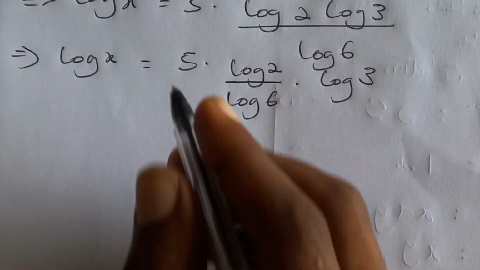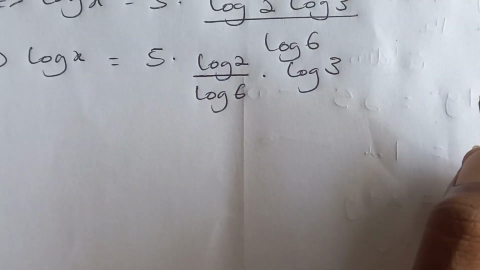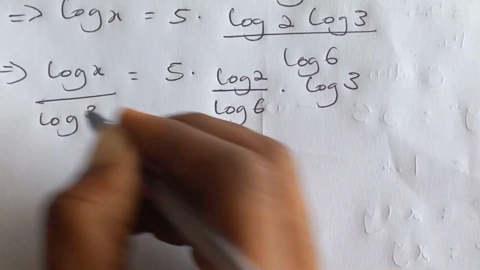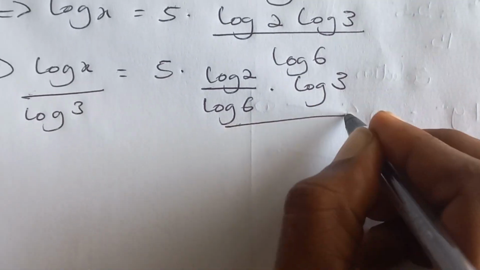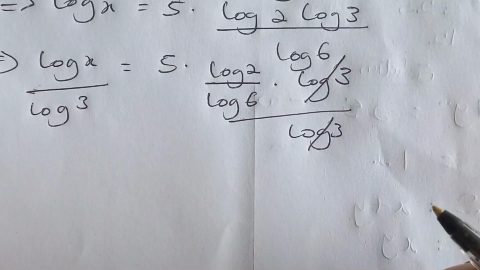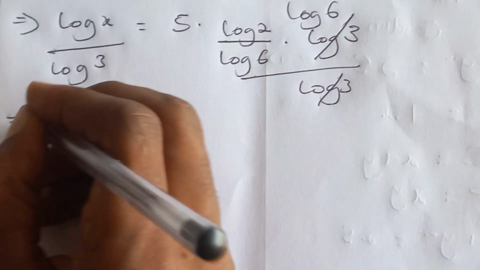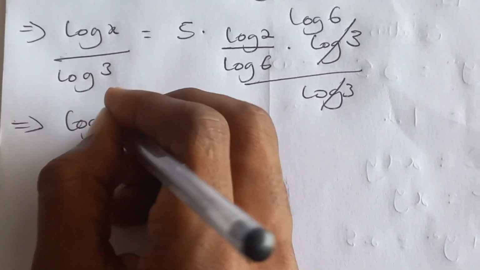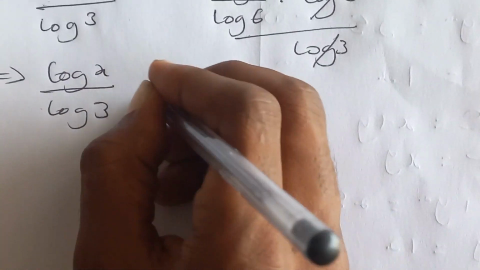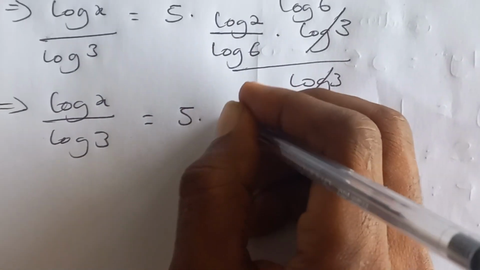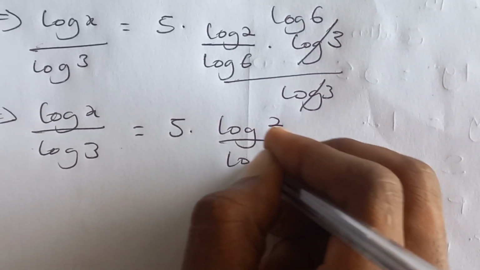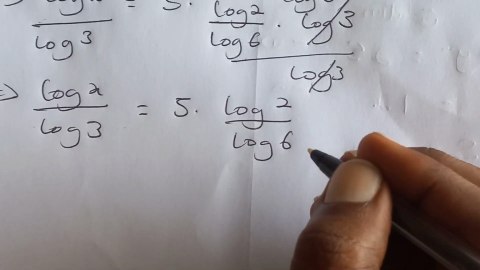You can divide both sides by log 3. So dividing both sides by log 3, see that this will take off the log 3. So we are going to get log x on log 3 is equal to 5 multiplied by log 2 on log 6.